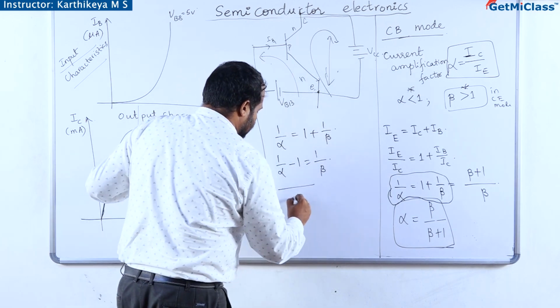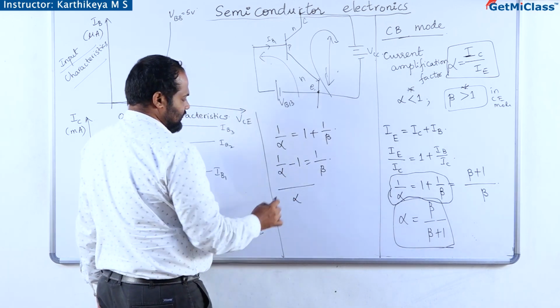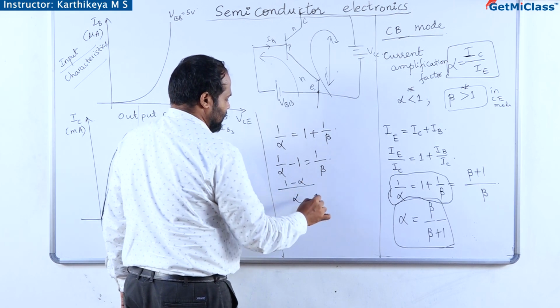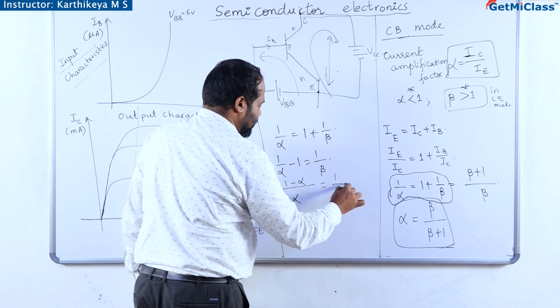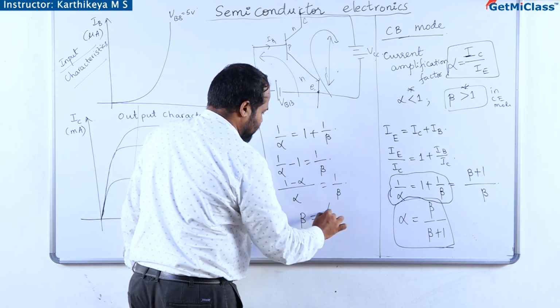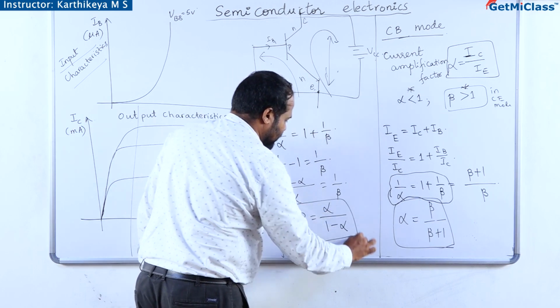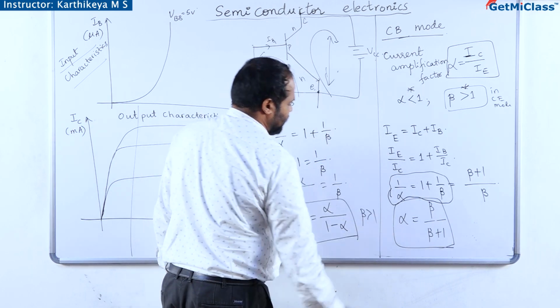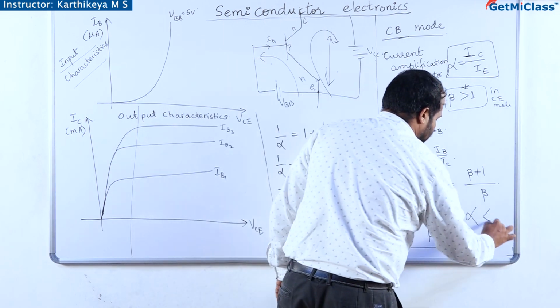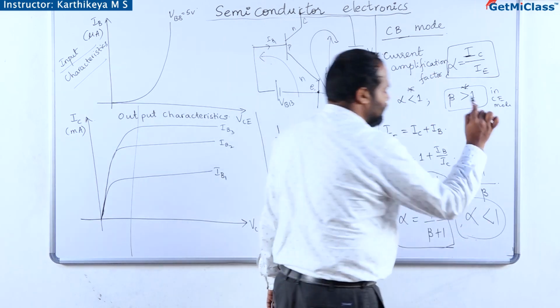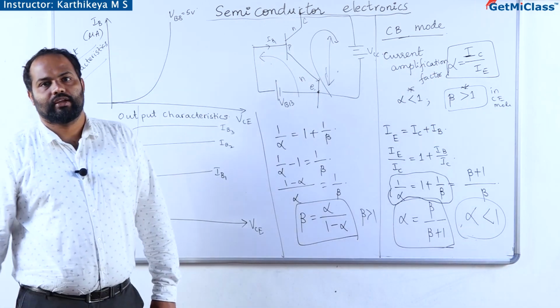If I take alpha as a common denominator, then 1 minus alpha by alpha is equal to 1 by beta. So, beta is alpha by 1 minus alpha. Hence, beta is always greater than 1, and alpha is always less than 1. These are the things to be remembered.